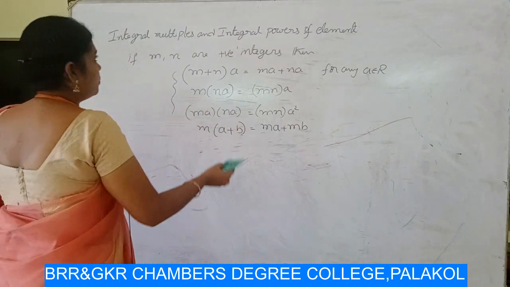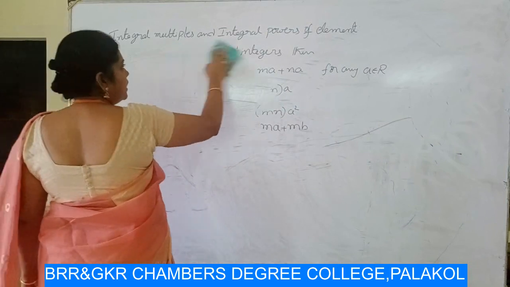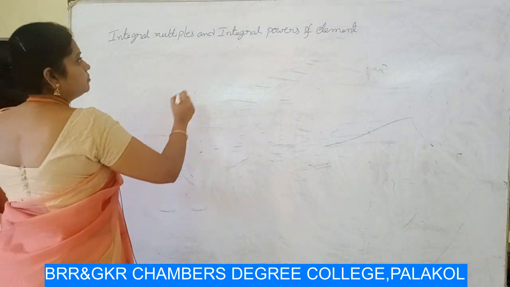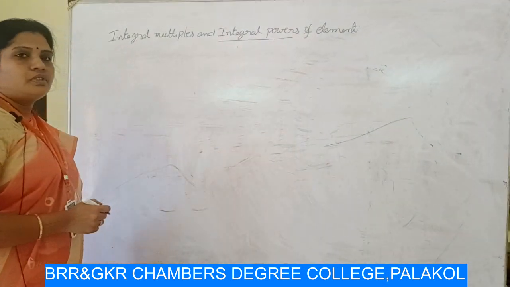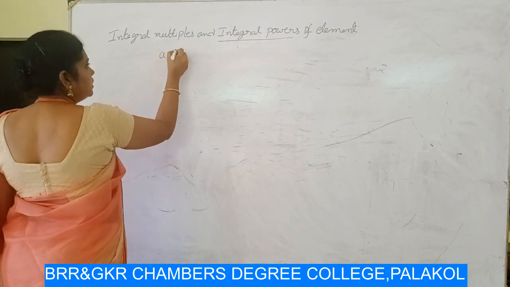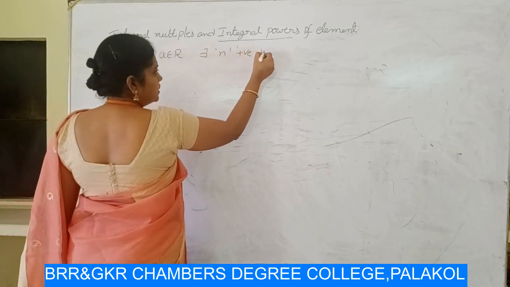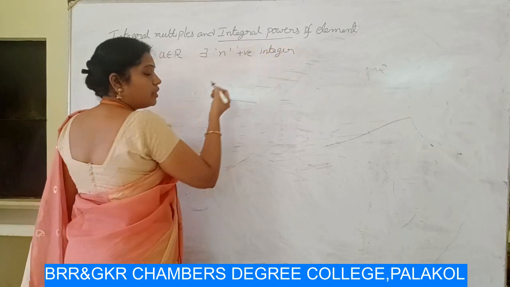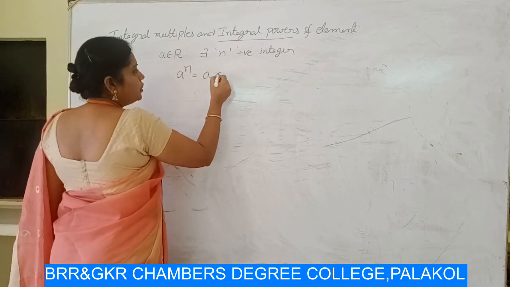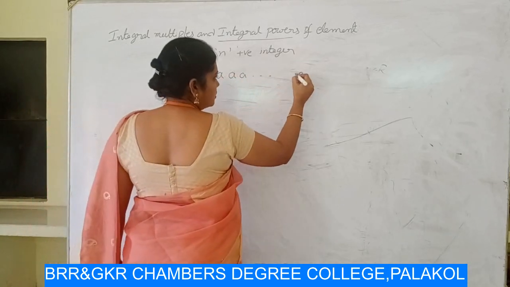Now we see the definition of integral powers of an element a in a ring R. Suppose R is a ring and for any a belongs to R, there exists a positive integer n, then we can define a power n as a into a, up to n times.